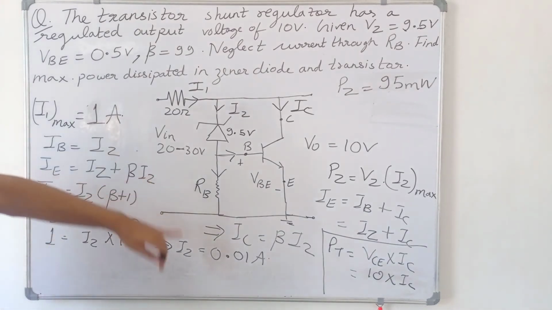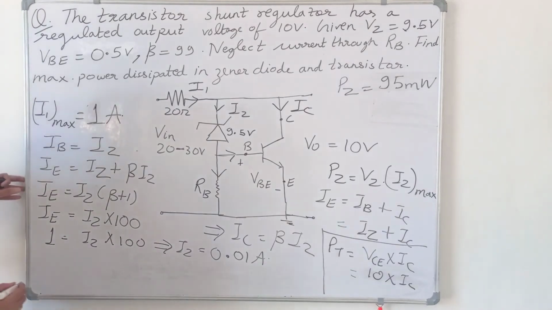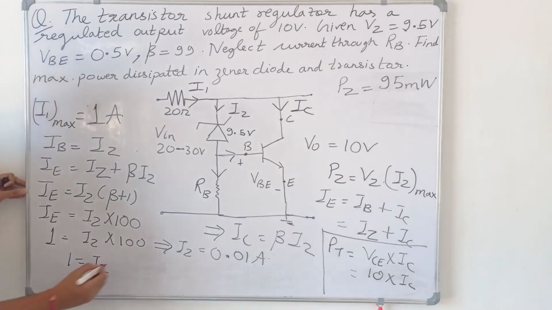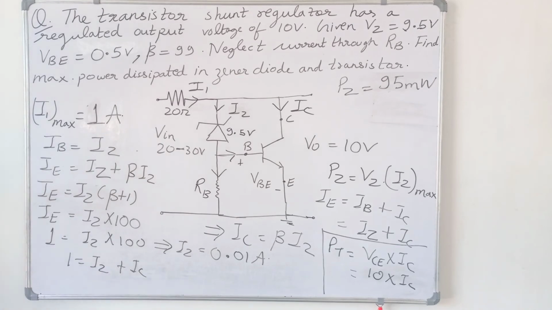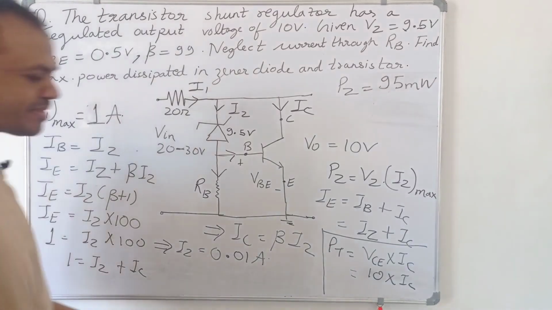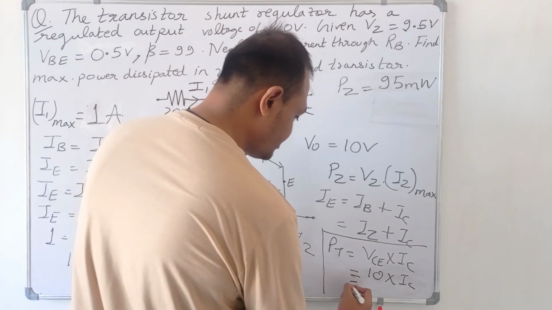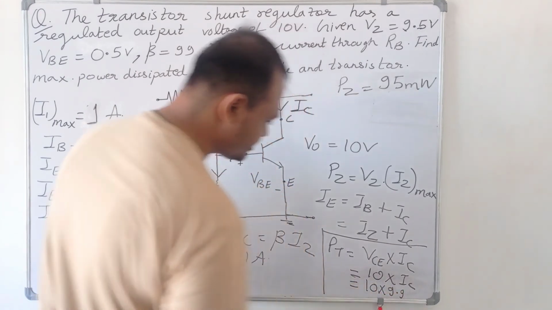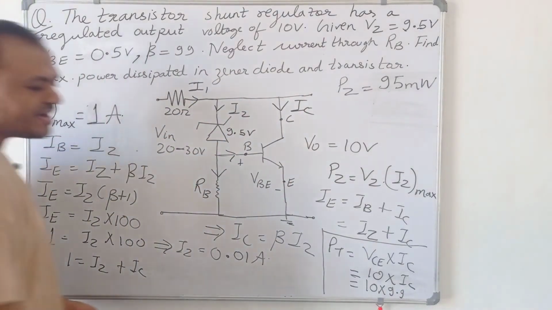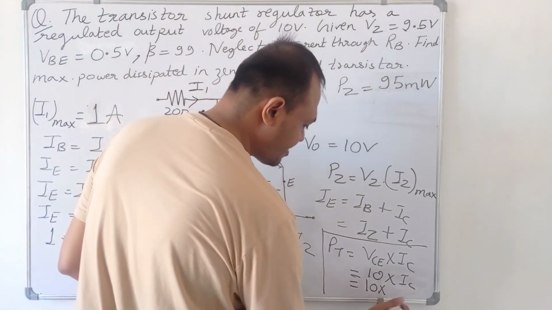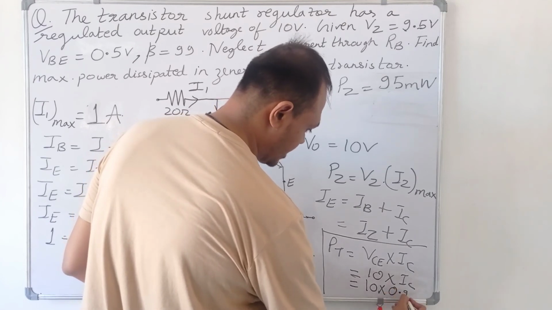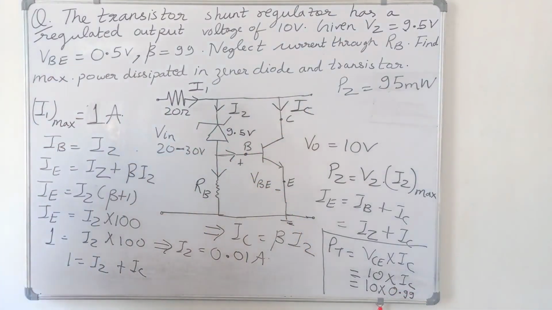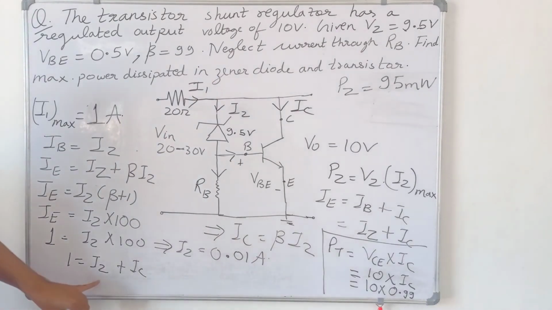IZ is equal to 0.01 ampere and 1 is equal to IE, which is IZ plus IC. So IC is 0.99 ampere, because IZ is 0.01.